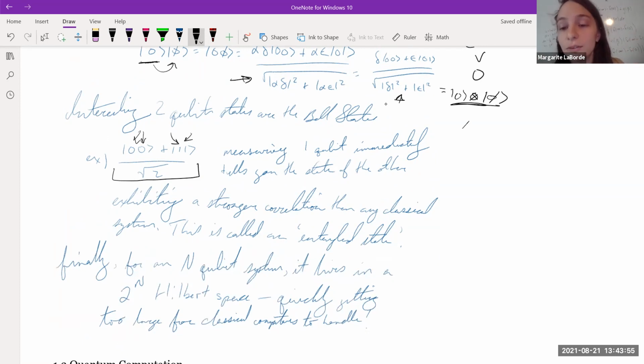When you can write it this way, and it's easily viewable, that's called a separable state, and sometimes we refer to those as classical states, which maybe is a little bit of a misnomer, but we refer to them as being classical versus this is an entangled state. You cannot write it in a tensor product form. You cannot separate them. Therefore, they are entangled with each other, like they were tied in knots. They cannot be undone.